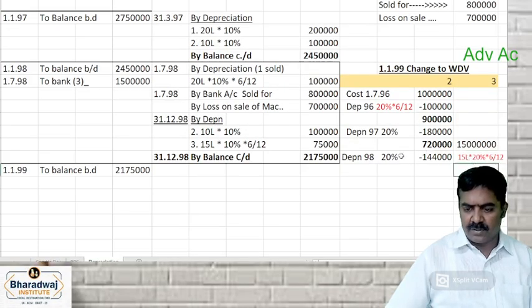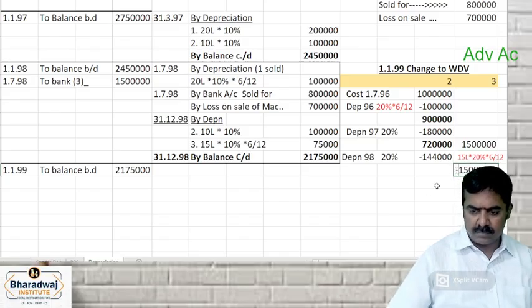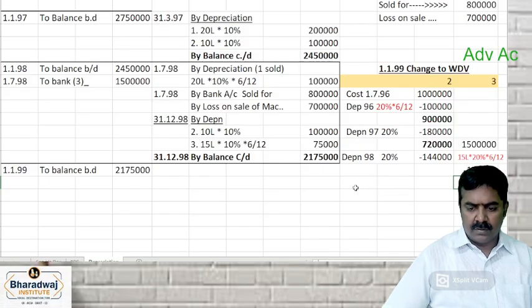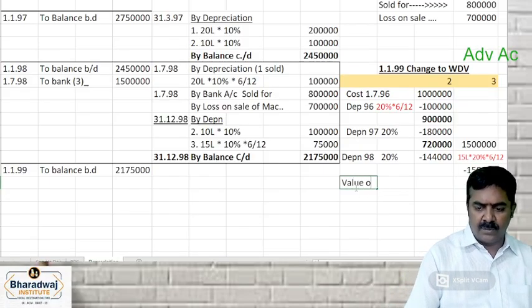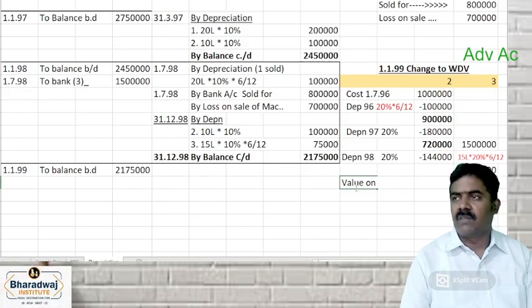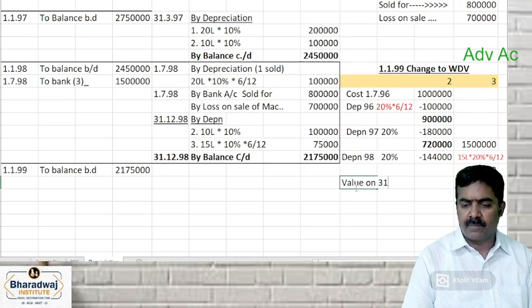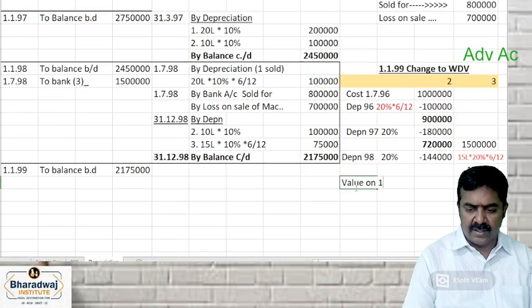How much will the depreciation be? Less that, and you will get the value on what date? Value on what date? 1/1/99.